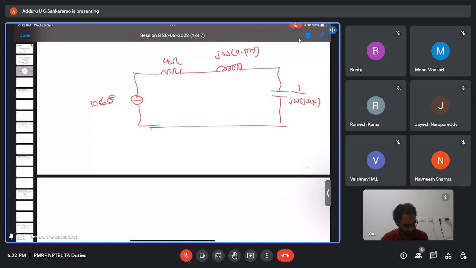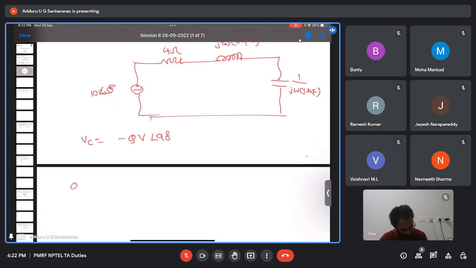Just now we have seen the voltage across the capacitor at resonance: Vc is minus QV at an angle of 90 degrees. So what is Q?